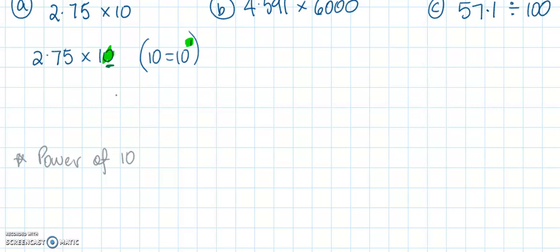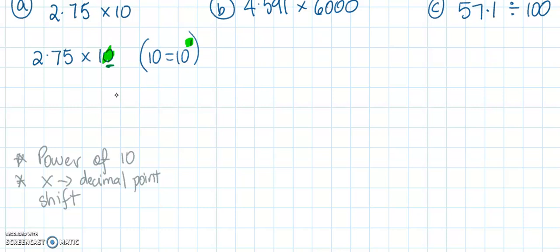The rule is that when we're multiplying, the decimal point shifts to the right. In doing so, all the digits in the number 2.75 have their place value increased by 1 place value.